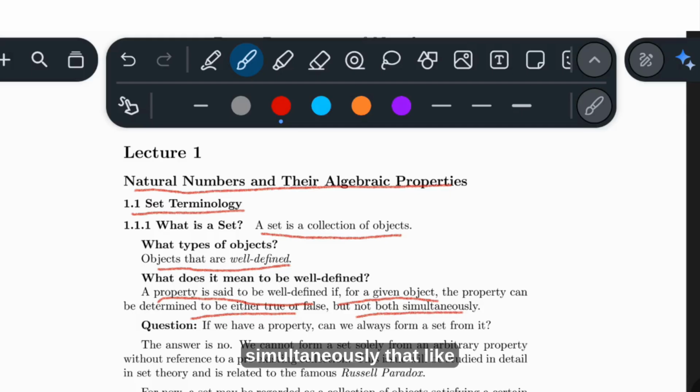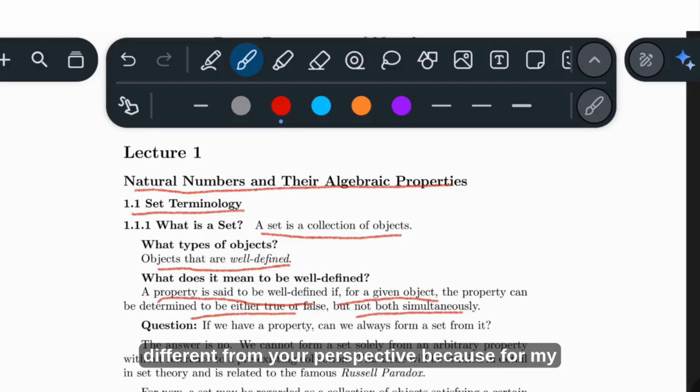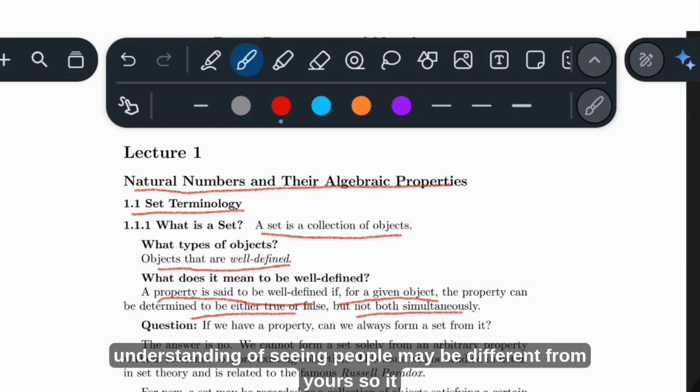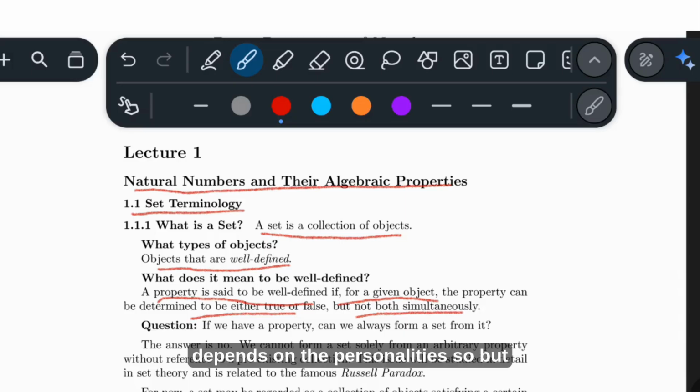For example, suppose we have to construct a set of any five famous people. I may make a set that is totally different from yours, because my understanding of famous people may be different from yours; it depends on the personalities.